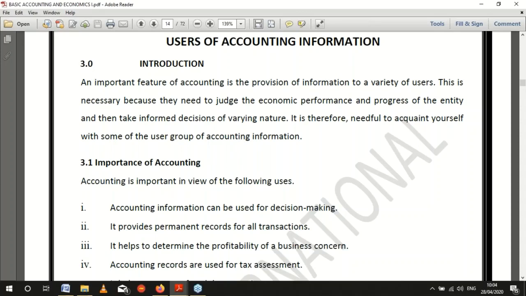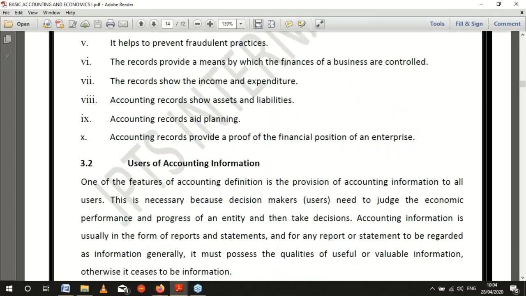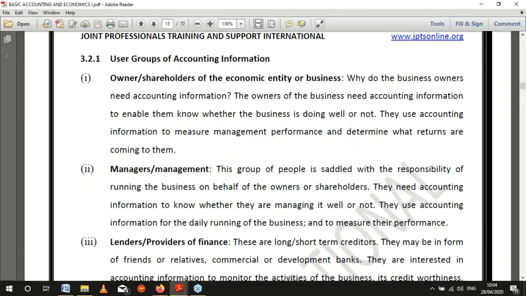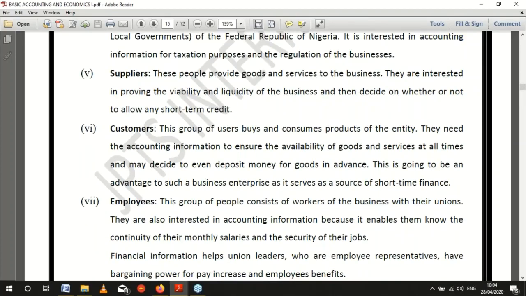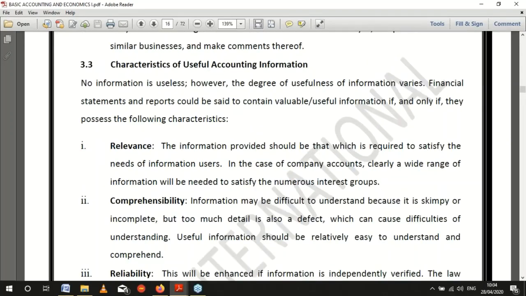But what we are saying here is this: this concept holds that when a company selects a method, it should continue with it. It should not be changing method today and another method tomorrow. No, we don't want that. So we talk about the consistency concept.